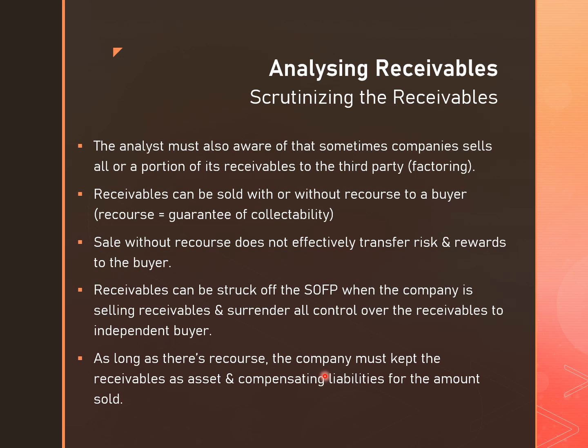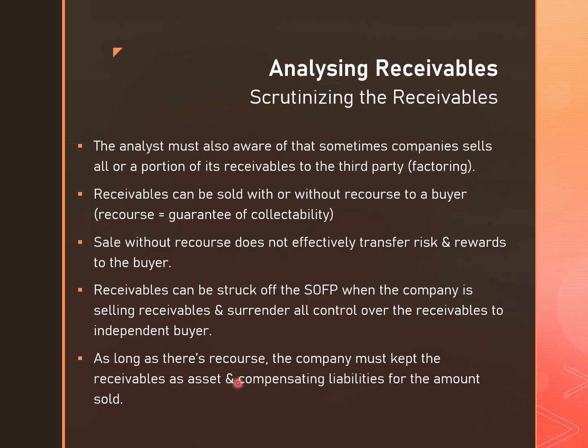Maksudnya orang yang mungkin high chance lah dia akan bayar balik dekat kita, the account receivable. So, bila you jual tu, kalau you jual dia termasuk recourse, maksudnya recourse ni you guarantee bank mesti boleh collect balik duit daripada account receivable tu. So, bila you ada recourse, you tak boleh keluarkan dia daripada SOFP.